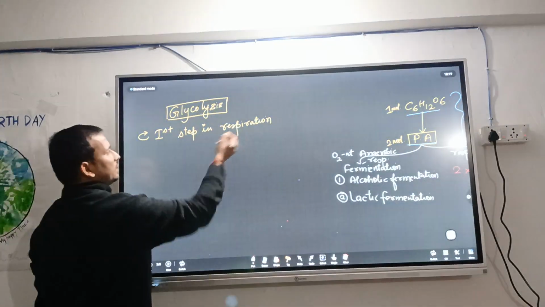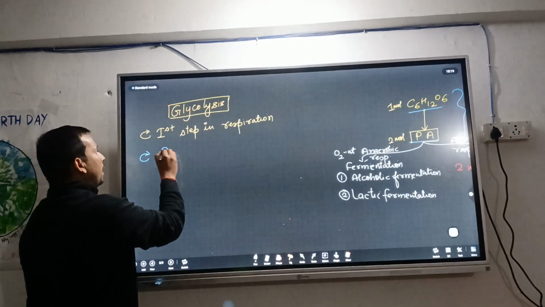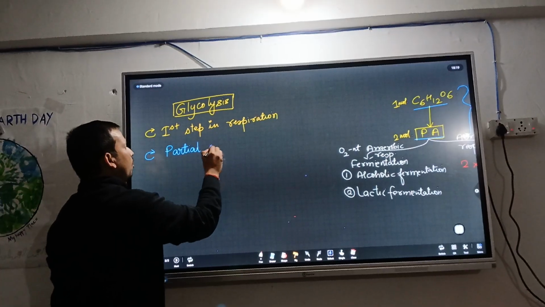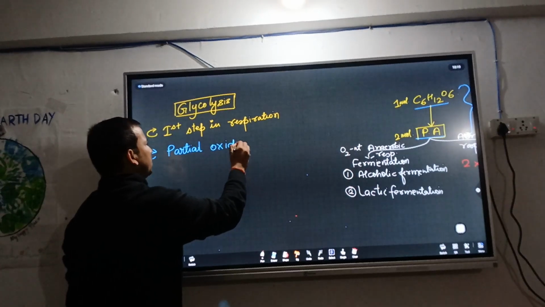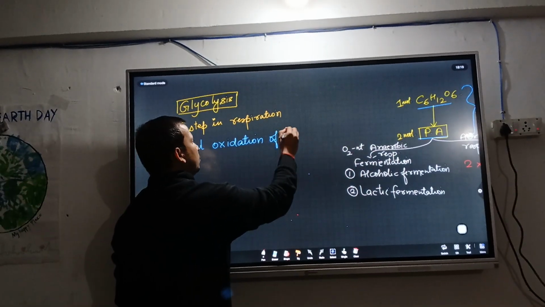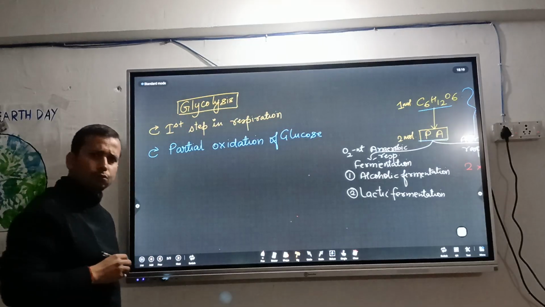So it is the first step in respiration. Here, student, what happened? Partial breakdown takes place. Partial oxidation or breakdown, same. Partial oxidation of glucose takes place.